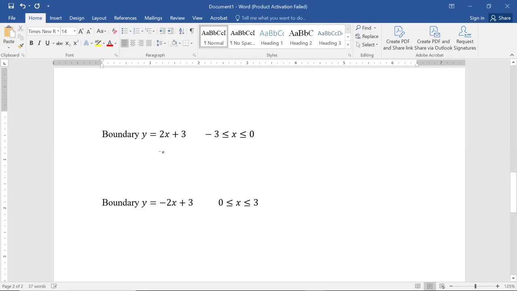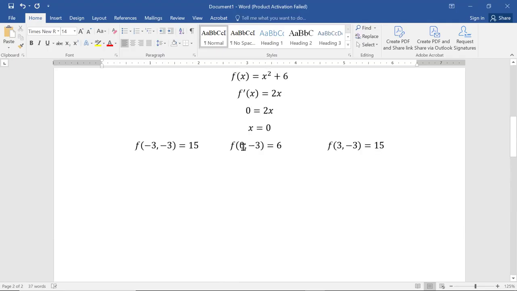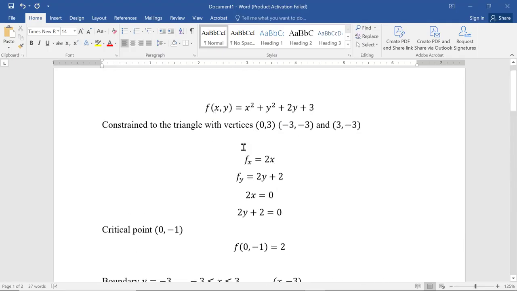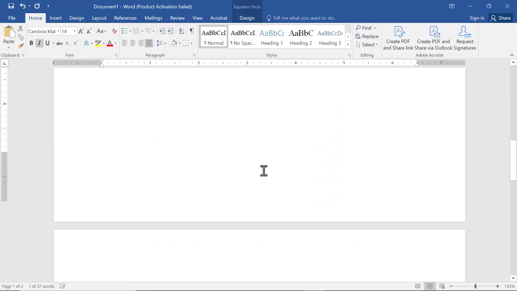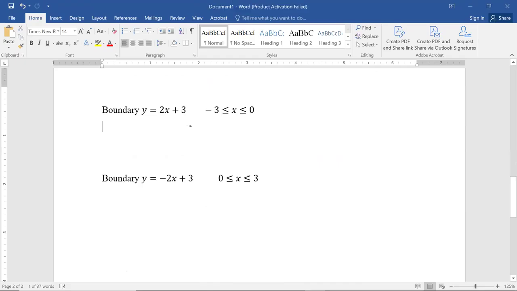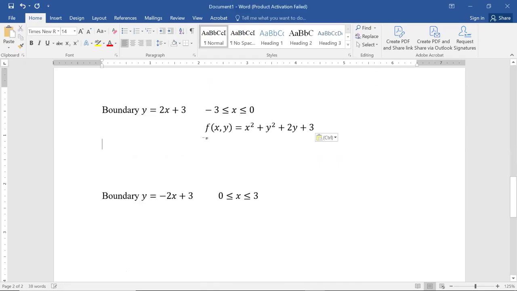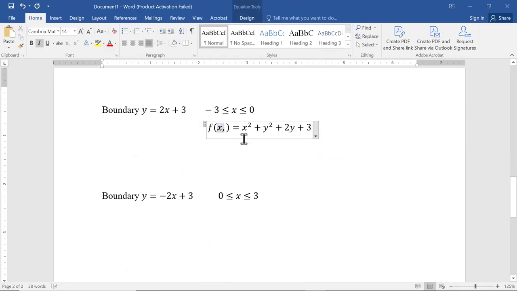So here's what I do. Let's do the boundary y equals 2x plus 3. Remember, my original function, that's the one I want to use. If y equals 2x plus 3, I can replace the y with a 2x plus 3.